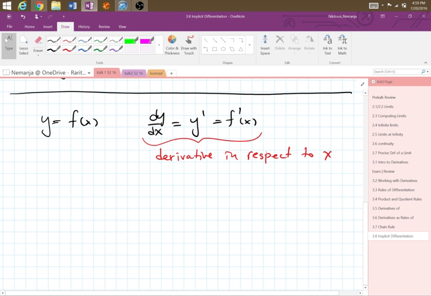Now, every time I want to take the derivative of y, I have to treat that y as a function, which means that I have to add the derivative to it as a chain rule. Not add, multiply. So say that y is equal to, I don't know, 3x squared minus 5.